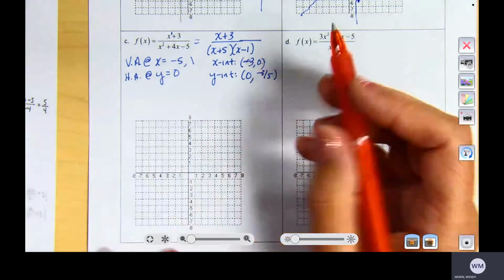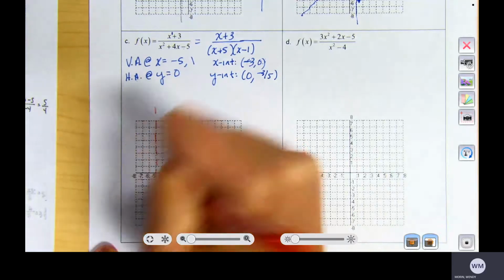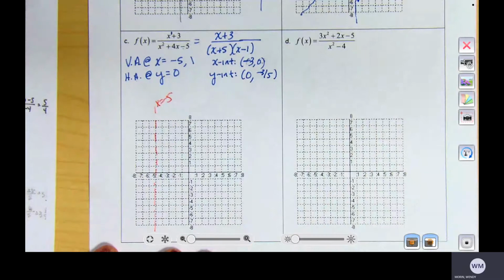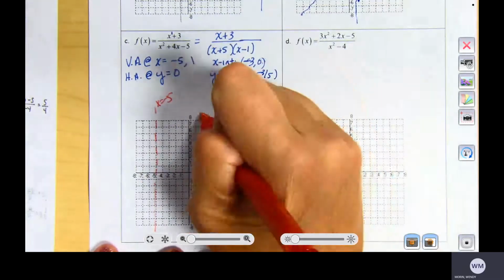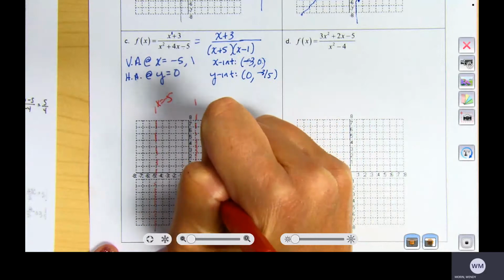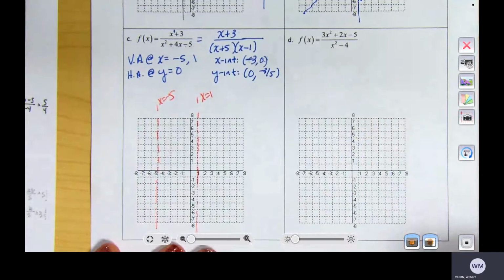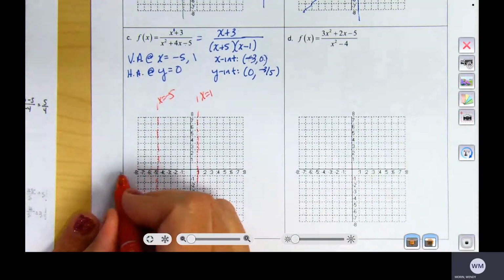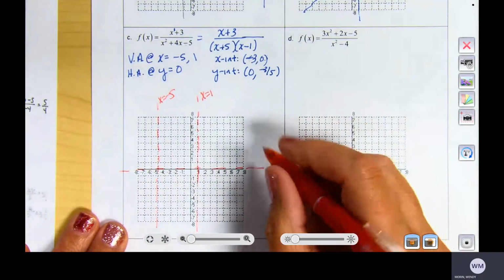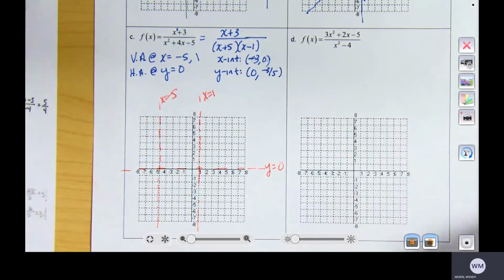So we have a vertical asymptote at x equals -5. We have a vertical asymptote at x equals 1. Okay, we have a horizontal asymptote at y equals 0. Okay, so those are our guides.